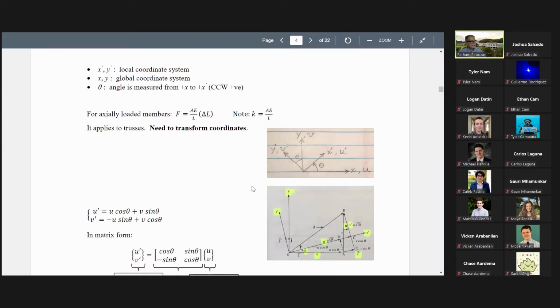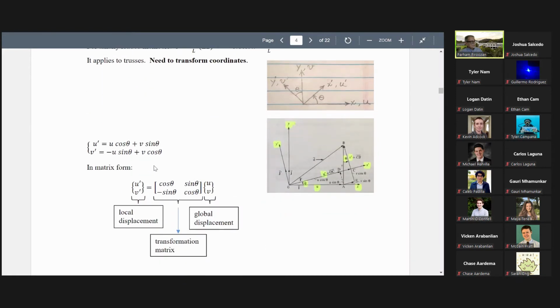Here is our global xy, our local x prime, y prime, displacements u, v, u prime, v prime, and the angle theta.